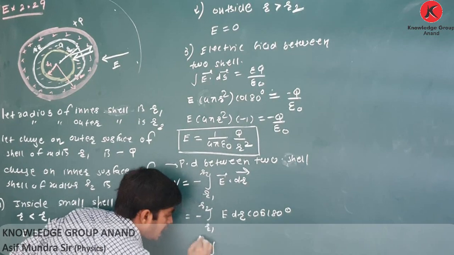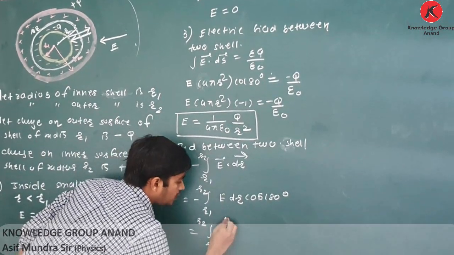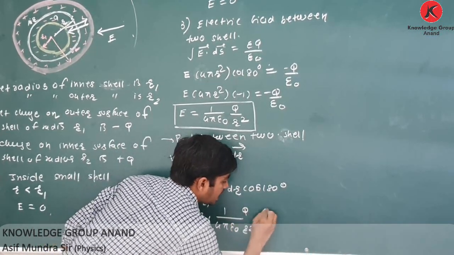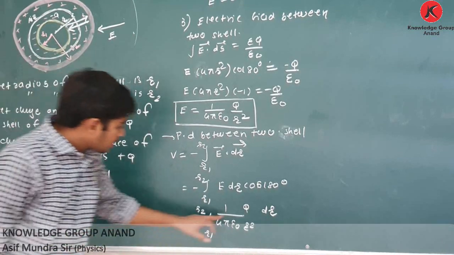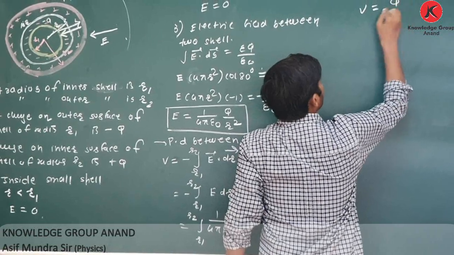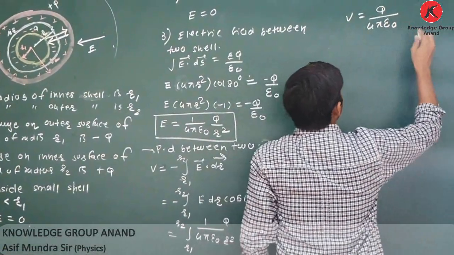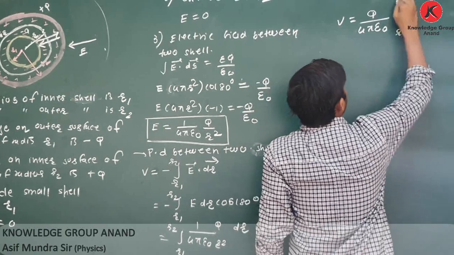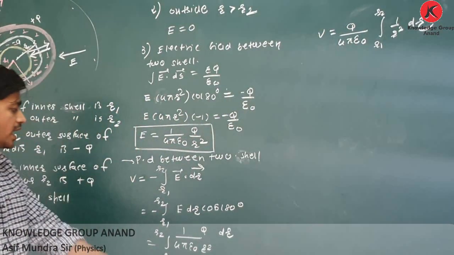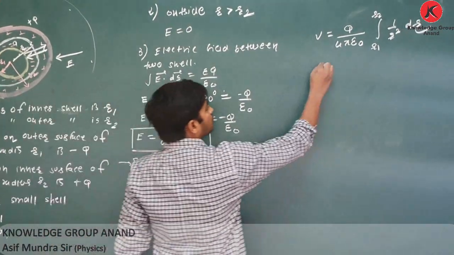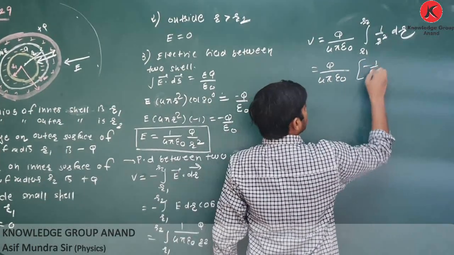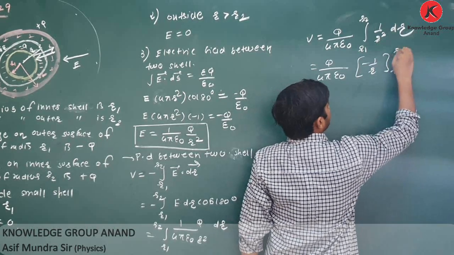So it is integration R1 to R2. Put value of E, which is 1 upon 4 pi epsilon 0 q upon r square, and here it is dr. Now q upon 4 pi epsilon 0 is constant, so out of integration, V is equal to q upon 4 pi epsilon 0 integration R1 to R2 1 upon r square dr. You already know integration of 1 upon r square is minus 1 upon r, limit from R1 to R2.